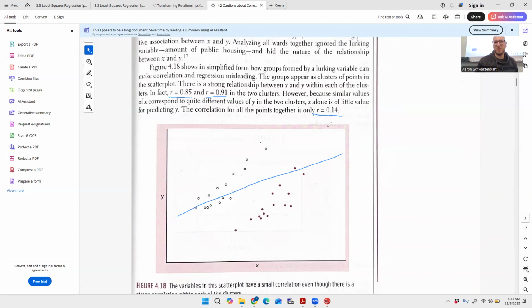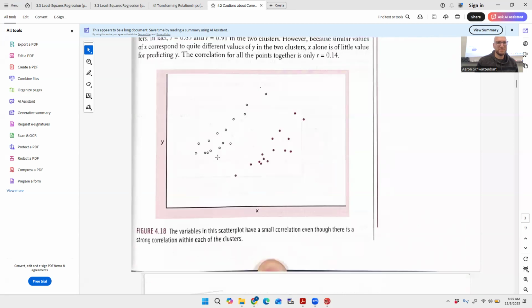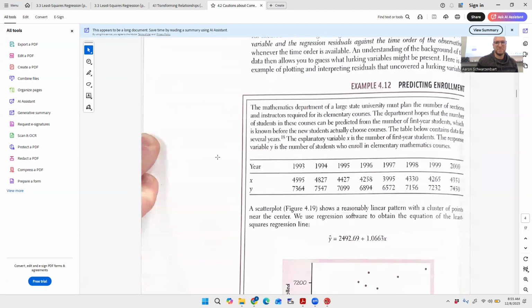The closer your slope is to zero, the worse your regression. Okay.